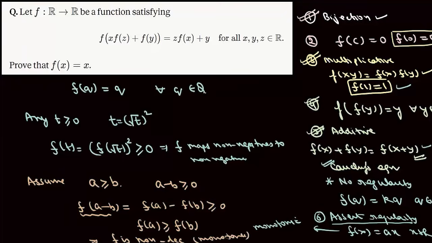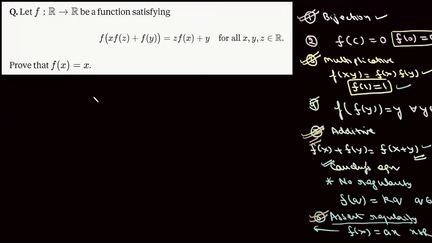So now we have asserted regularity using monotonicity. So now we have Cauchy's additive equation with regularity. We can say that this f(x) is of the form kx for all x belongs to R. Now since f(1) is 1, that means k is 1. So this function f(x) will be simply x.